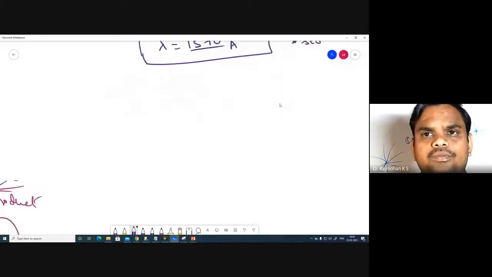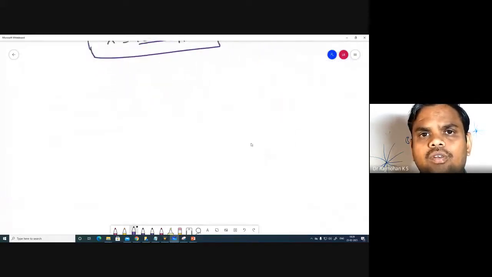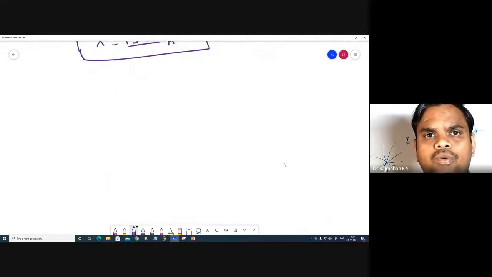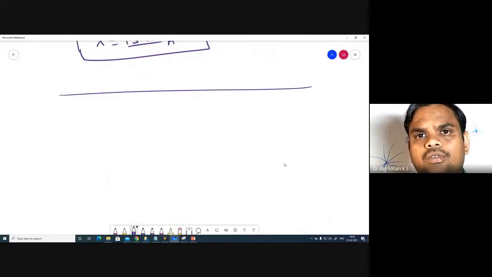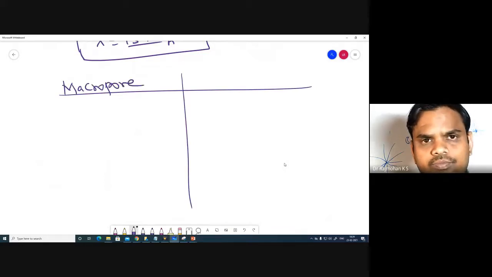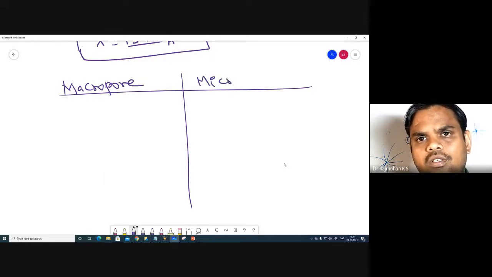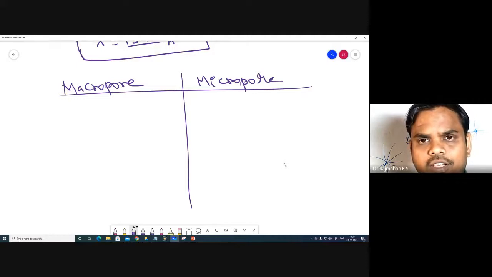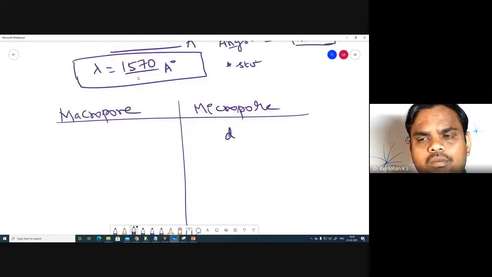Now we have to determine the Knudsen number for both cases, both types of pores. We obviously have two types of pore: one is macropore and another one is micropore. For micropore, as we have already written in the given data, diameter is known, and lambda is the same, so whatever value you are getting, please calculate and write.